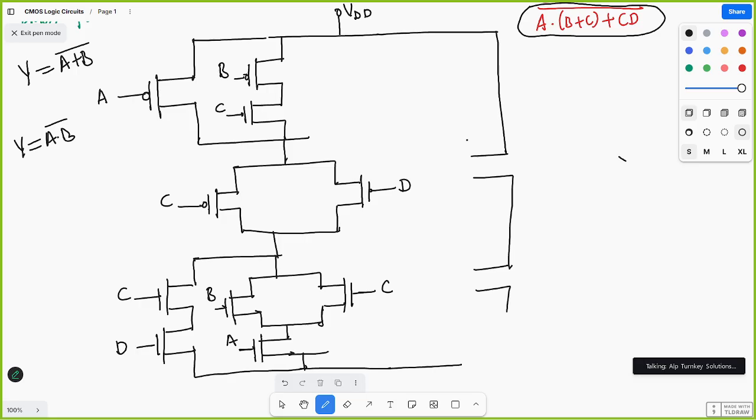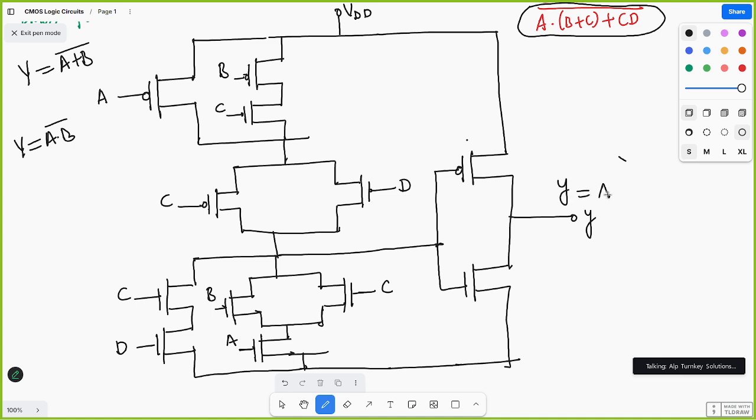This is PMOS and NMOS, one more inverter I am designing. This one is connected to this input, and you are taking the output from here. So this is Y. So what is my Y? Y equal to A and (B OR C) plus CD.